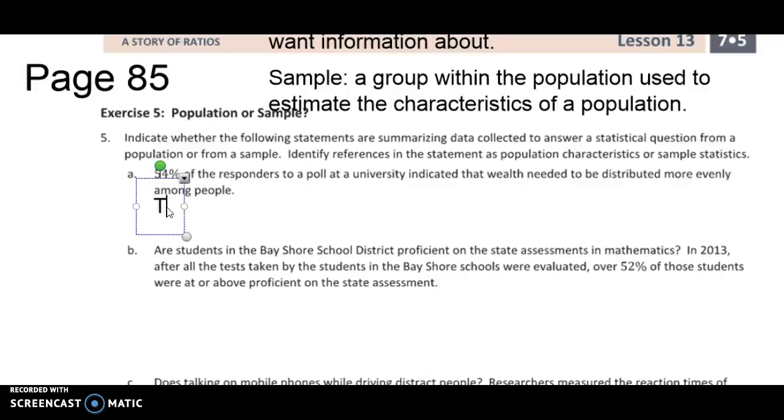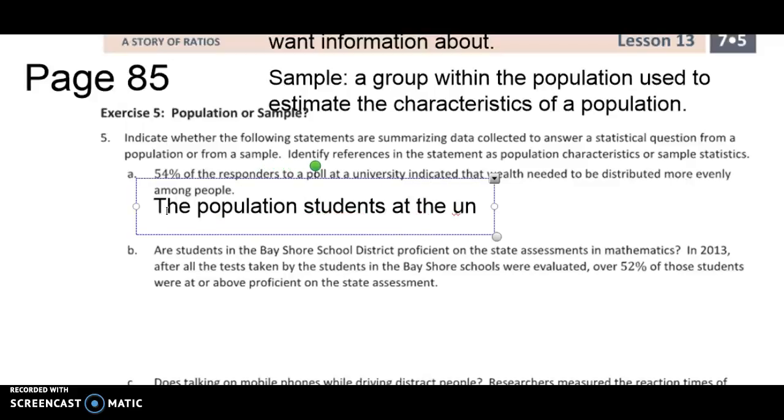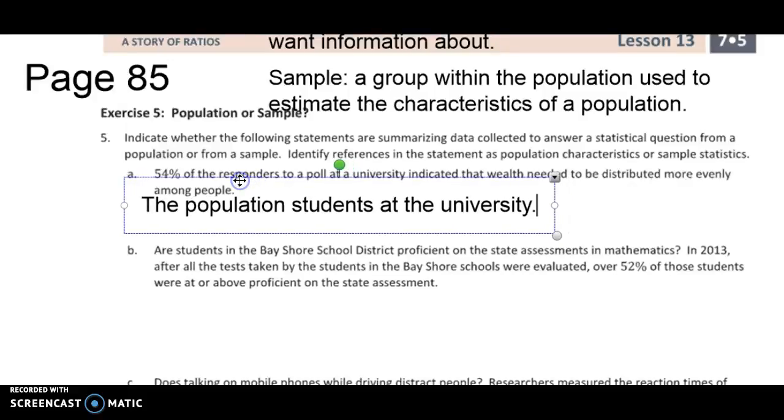Okay, so the first thing, the population would be students at the university. I'm not asking for people in the community. I'm not asking the entire country. What I'm concerned about are the students at the university. So then the question is, did I ask all the students at the university? Well, all it says is the responders to a poll. Okay, it doesn't say everyone responded. It just means that the ones that did respond said this.